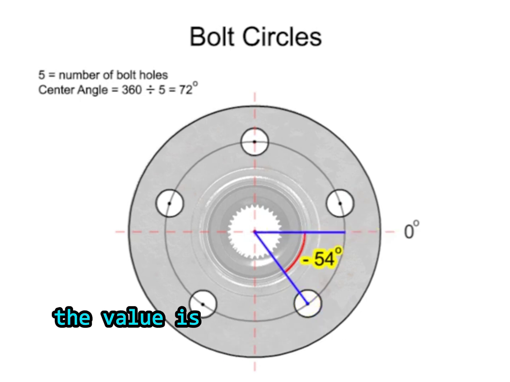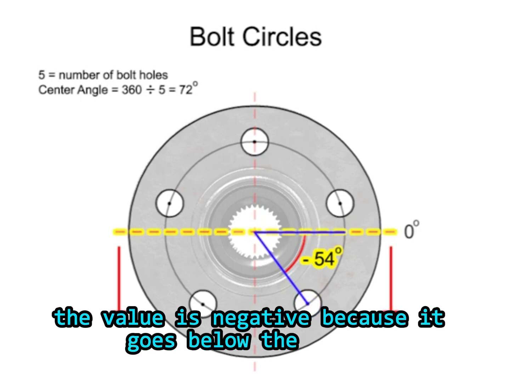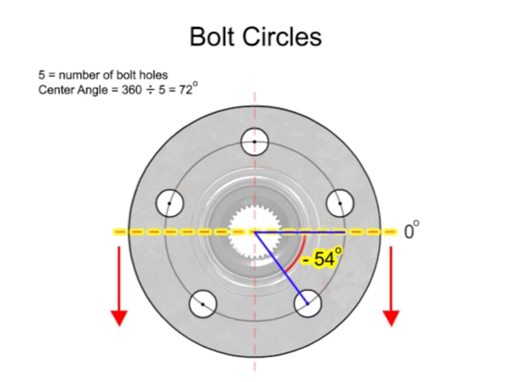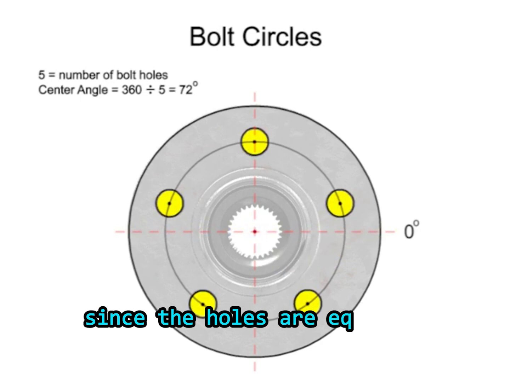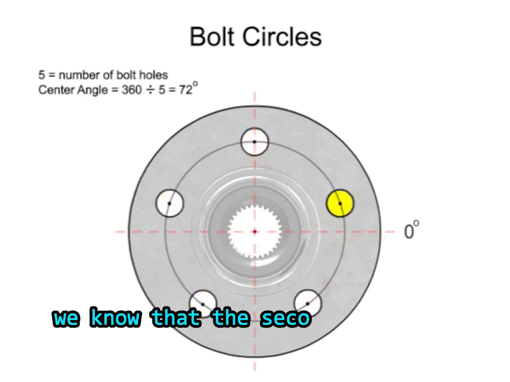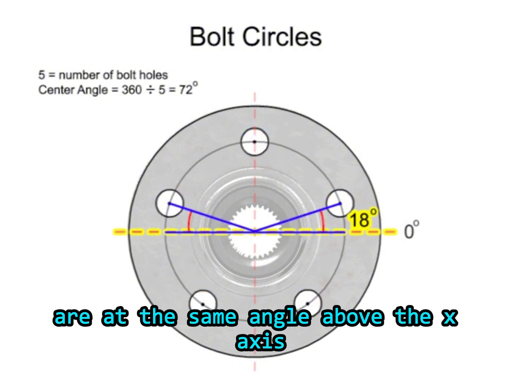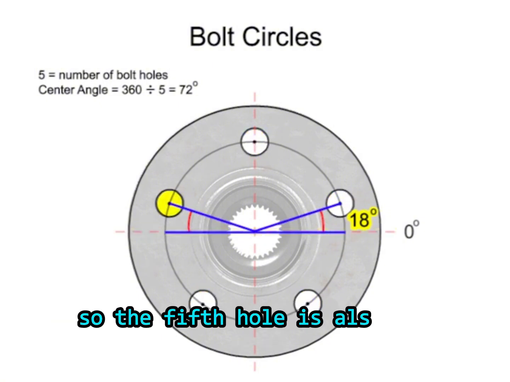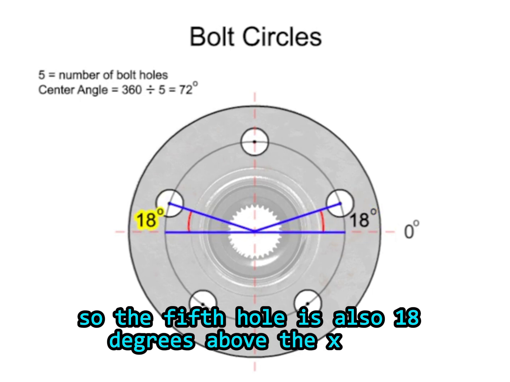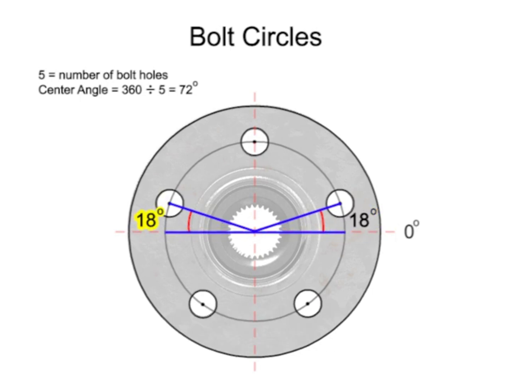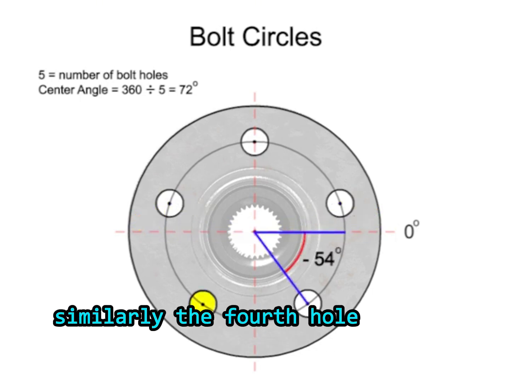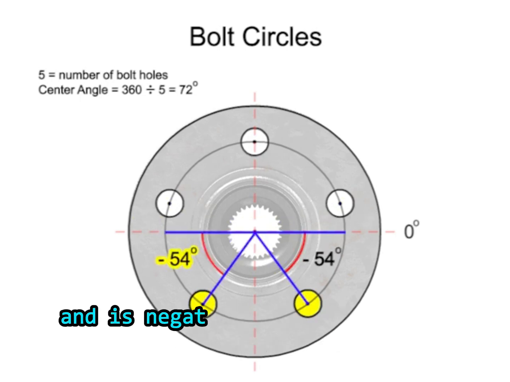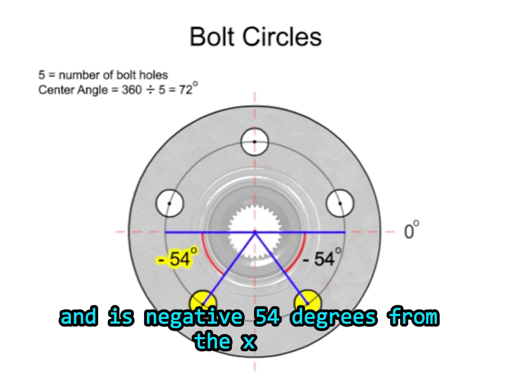The value is negative because it goes below the x-axis. Since the holes are equally spaced, we know that the second and fifth holes are at the same angle above the x-axis. So the fifth hole is also 18 degrees above the x-axis. Similarly, the fourth hole mirrors the third hole and is negative 54 degrees from the x-axis.